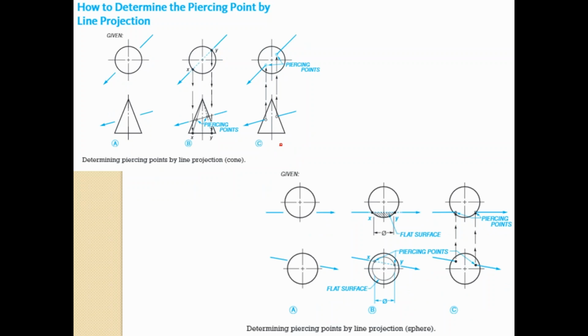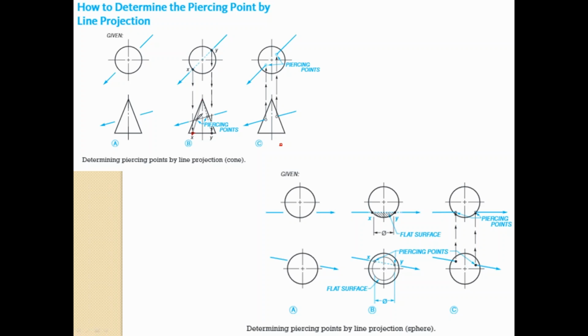Another good example of how to determine the piercing point by line projection. Given this arrow, how far is it going to go through? Now if you go through this circle here, project these 2 points down to get these 2 points here, X and Y. From this X and Y, you're going to draw a line to the top of the shape here.